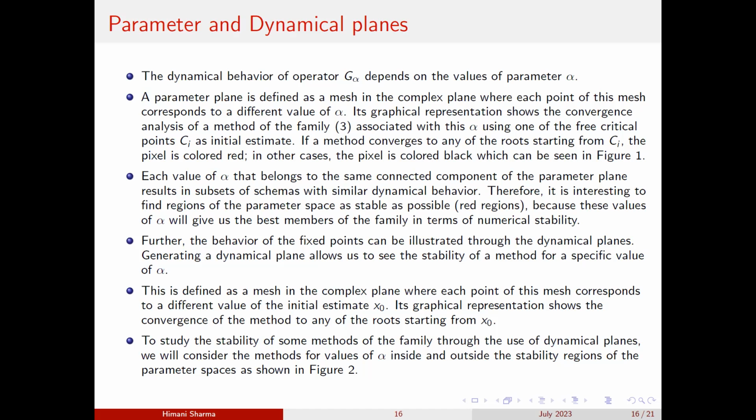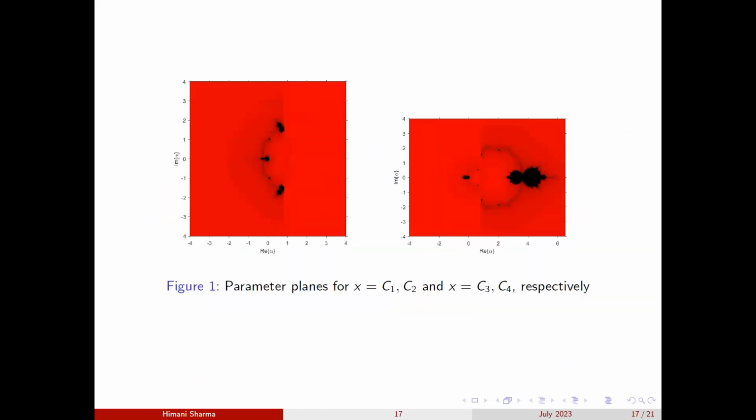We use a free critical point as initial value, and if a method converges to any of the roots starting from this initial point, then that pixel is colored red, otherwise it is colored black. So we can see in this figure, the black points mean that for those values of alpha, the method will not converge.